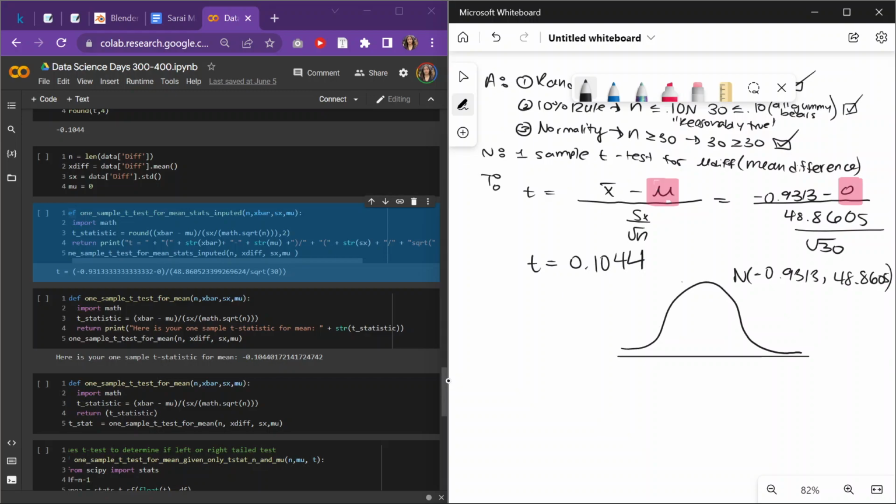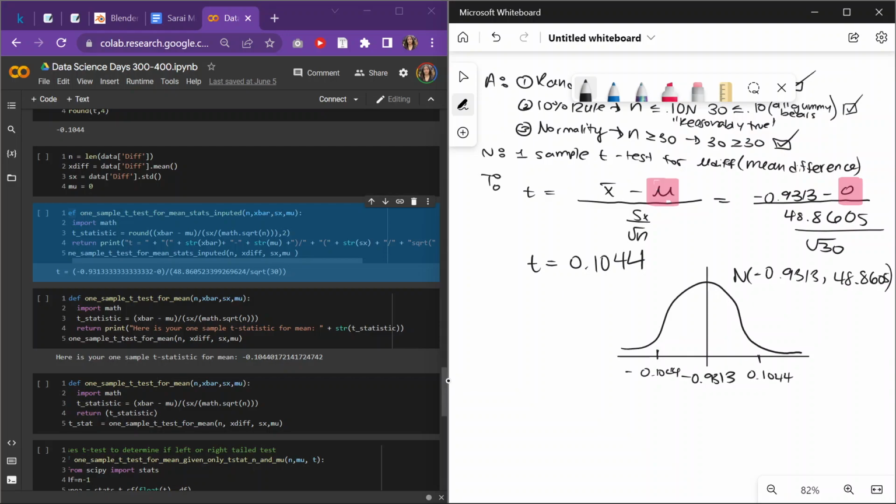All right, so the mean ends up always being in the middle because it's normally distributed, and that means it's symmetrical, meaning on the left and right side they're basically the same. And the t-statistic is this number. So 0.1044 negative is here, and 0.1044 positive is over here.